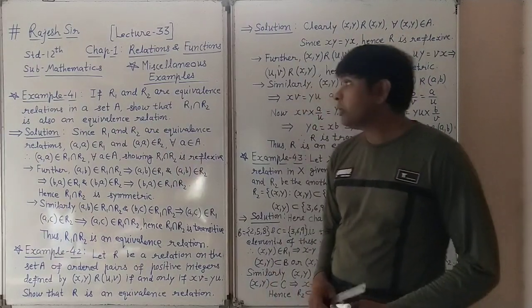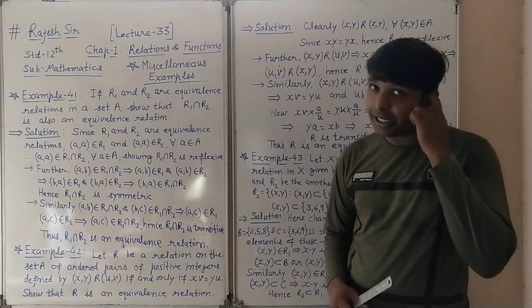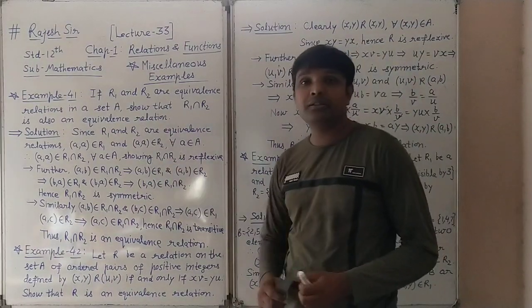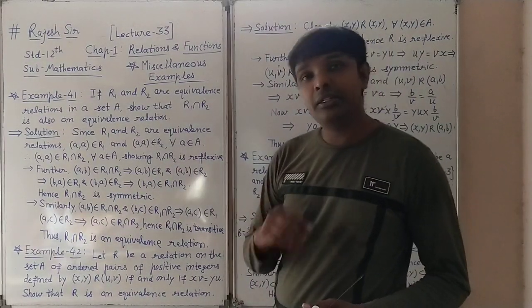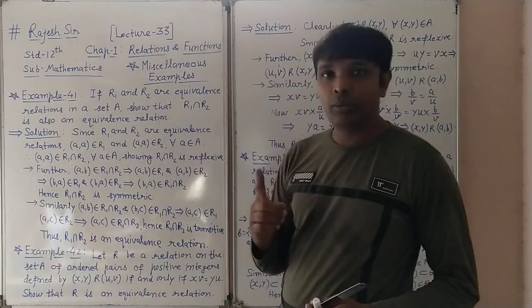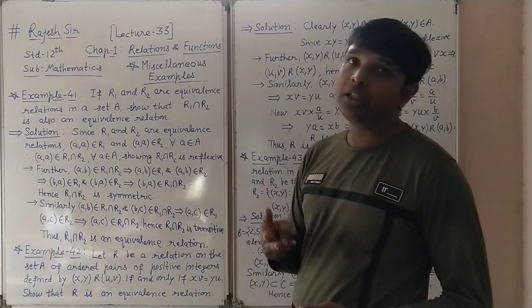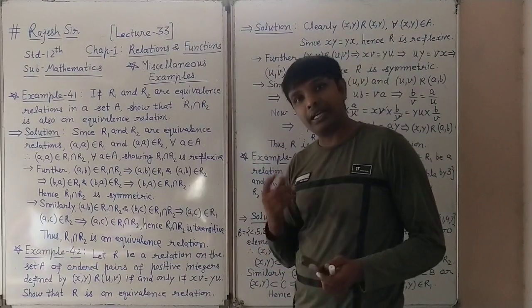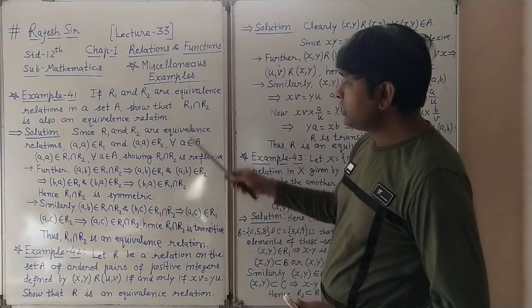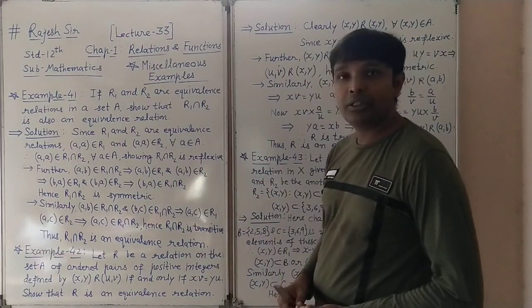By the definition of equivalence relation, we have to show, number one, the relation is reflexive. Number two, the relation is symmetric, and number three, the relation is transitive also. So one by one, we will show each of the three steps here.